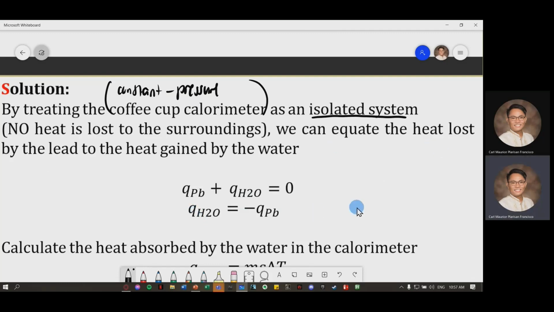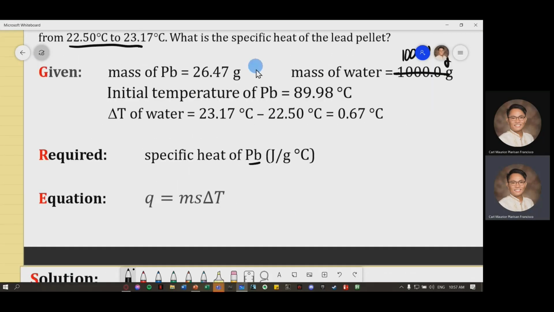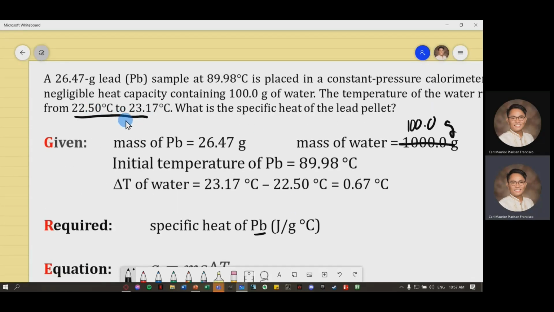Habang itong lead, ayan o, heat loss by lead, siya naman na maging negative, kaya QPB, negative QPB. So itong QPB, heat of lead, ang itatransfer natin sa other side ng equation. Okay? Ganon. Hindi lang siya basta-basta, parang trip ko Q water ang ilipat. Hindi. Iintindihin natin yung given. Ay, nasinabi. Umangat ang temperatura ng tubig. Kung aangat yan, endothermic. So, dapat positive.